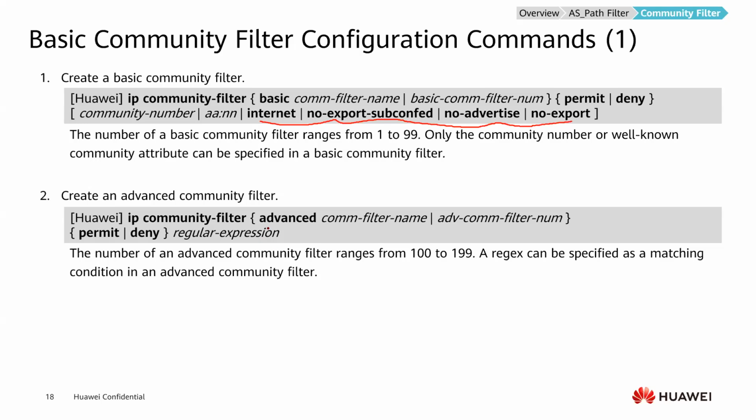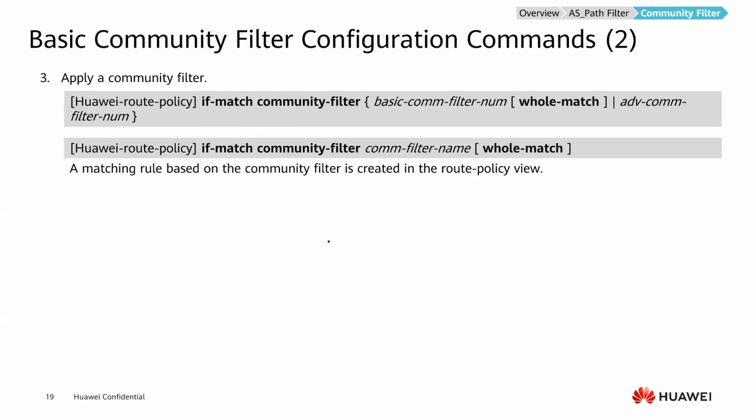And the second is the advanced community filter. For the advanced one, you just need to use a regular expression, the regex, to match the specific community. These are the two kinds of community filters you can create. And finally, apply the community filter by using if-match community-filter with the filter that you configured.